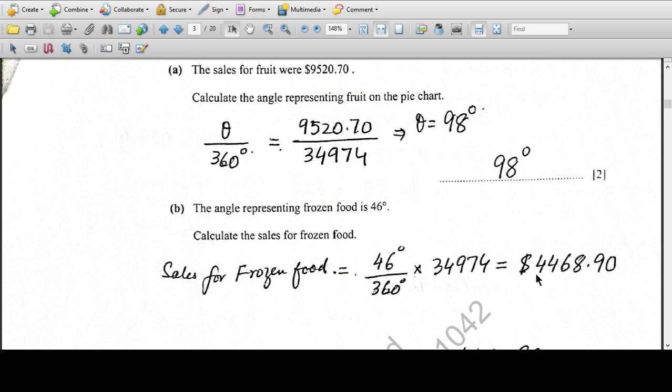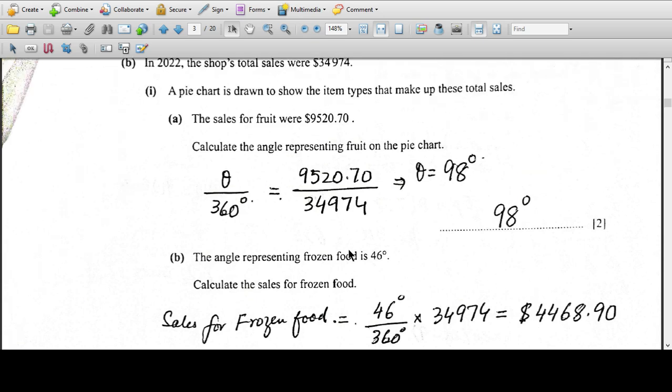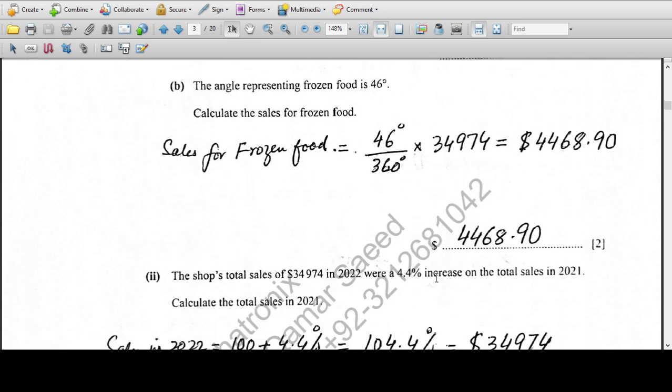It is less than half of the fruit's 98 degrees, so we can see the values make sense and understand that we are doing it correctly. This is just an understanding check.